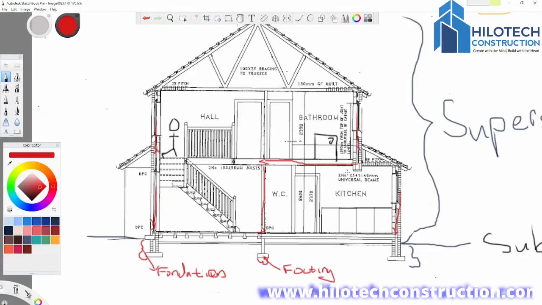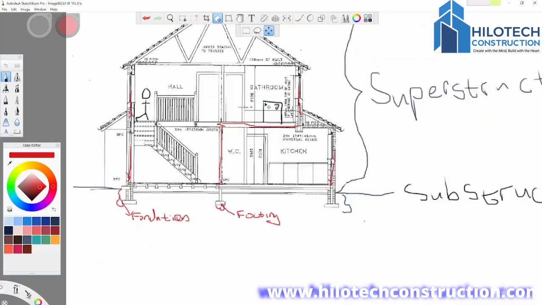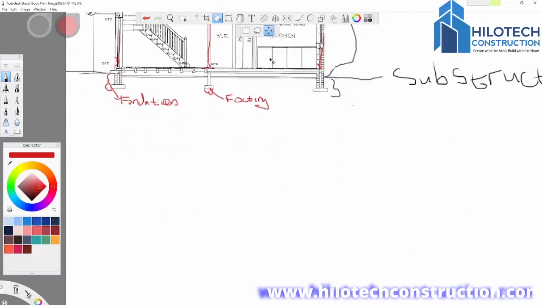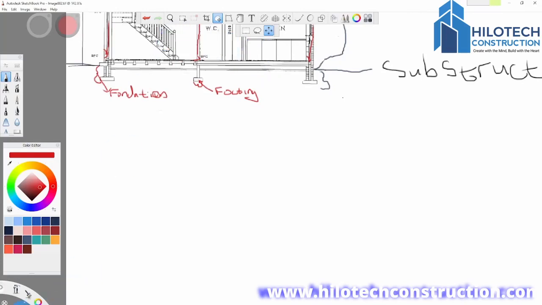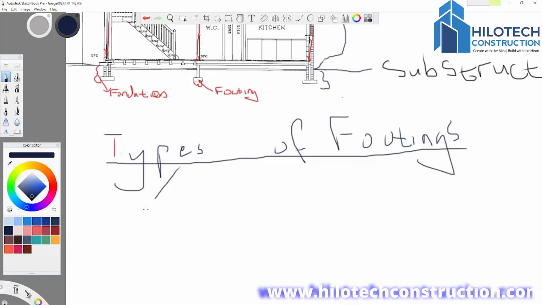Okay, so there are two types of foundation. When you want to look at the type of foundation, we have two different types: the shallow foundation and the deep foundation. So, for types of foundation or types of footings, we have two types.